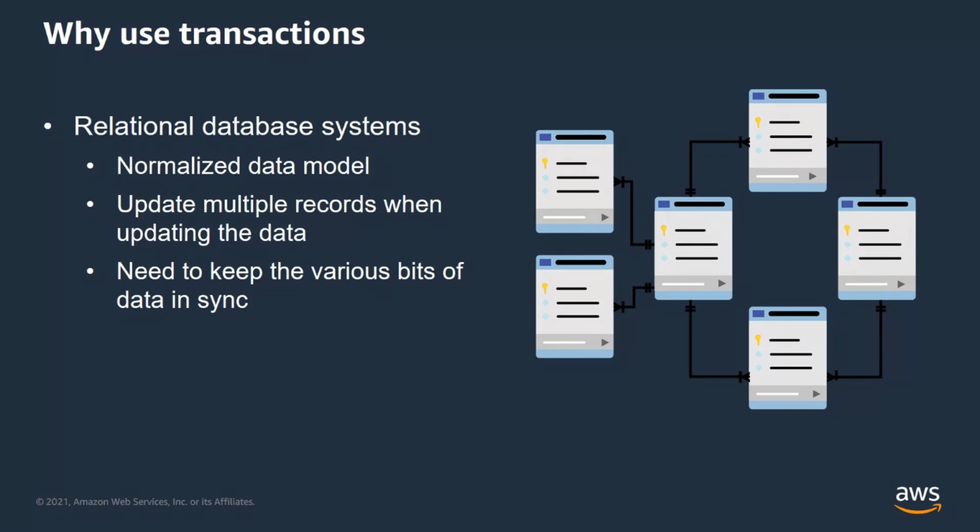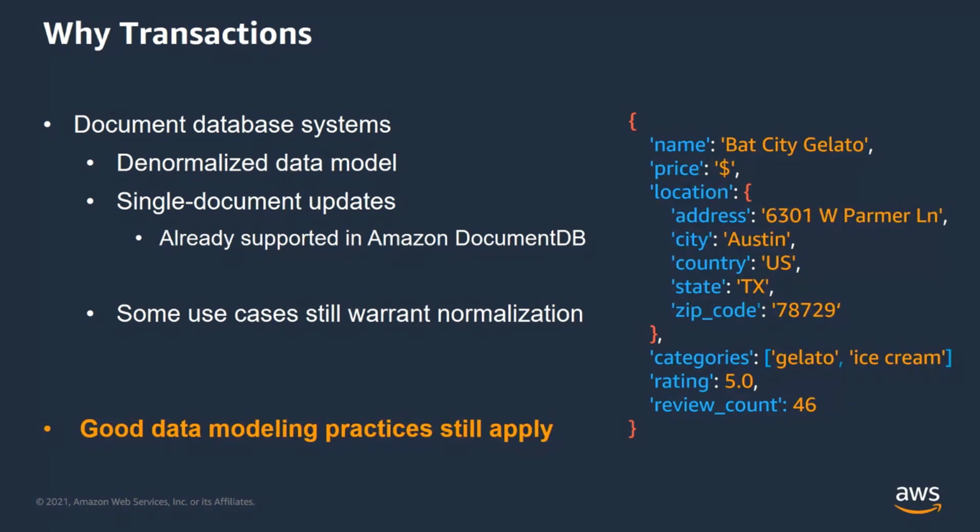So why are we talking about that if we're talking about document databases? Document databases, similar to other NoSQL systems, really leverage denormalizing the data. We can see here an example of that Yelp-like use case where we've got a business and other information, and we're keeping that information with the business as an embedded part of it. So we see here that the location is a subfield.